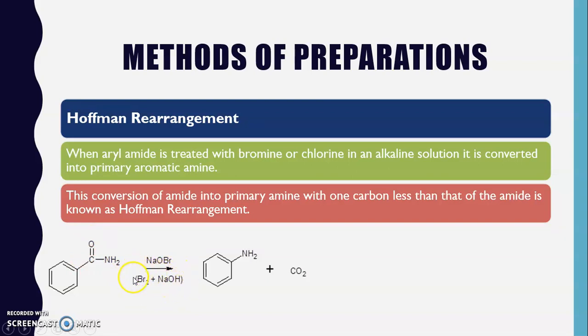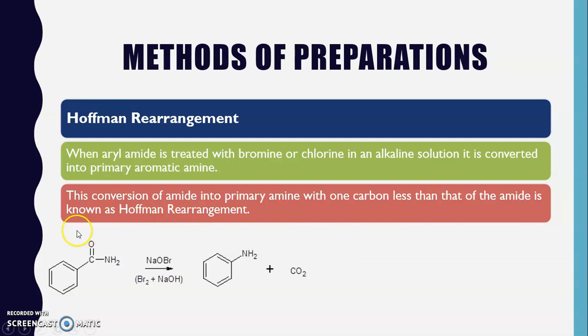Due to the reaction of bromine with sodium hydroxide, sodium hypobromite is formed, and this sodium hypobromite is the agent used for the conversion of amides to amines. This conversion of an amide into a primary amine with one carbon less as compared to the amide is known as the Hofmann rearrangement.